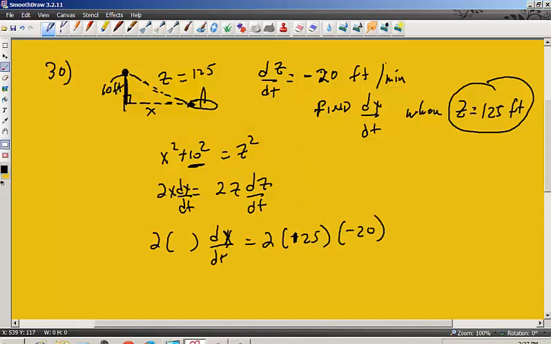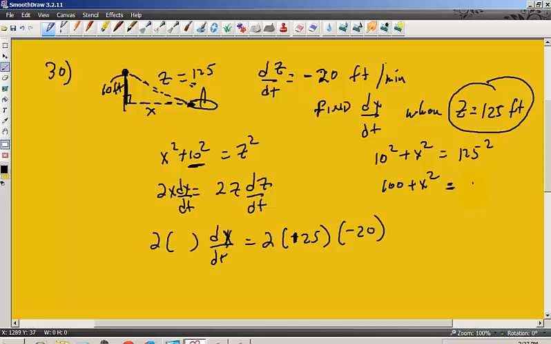So we're going to use the Pythagorean theorem. So I'm going to get 10 squared plus x squared is equal to 125 squared. So this is 100 plus x squared. And someone calculate 125 squared for me, please.